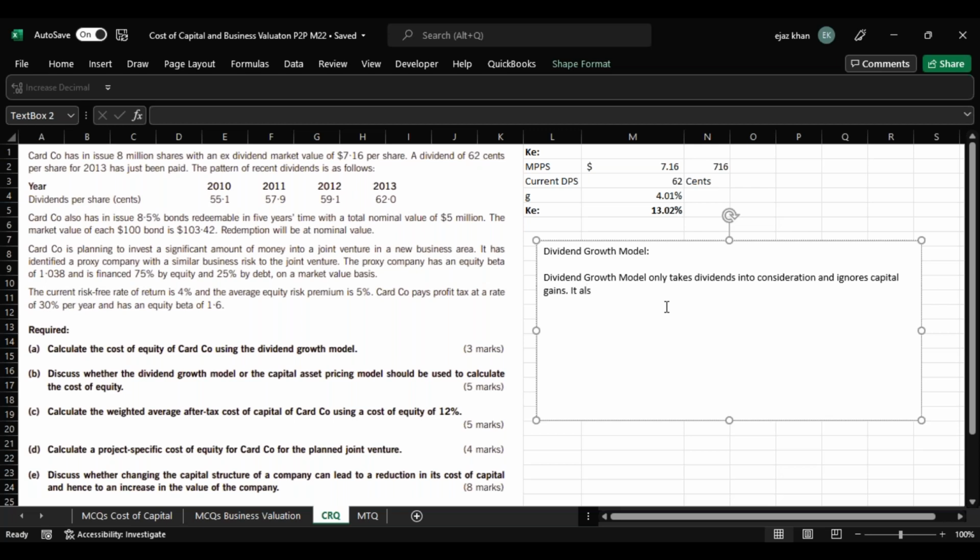It also fails to incorporate project-specific risk, and therefore can be used where the new project has similar risk to the company's existing risk.